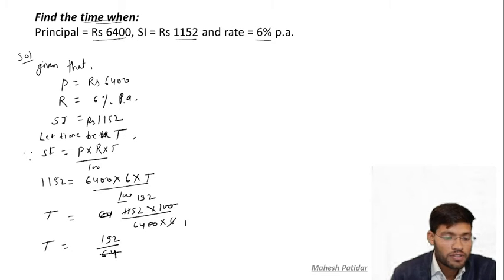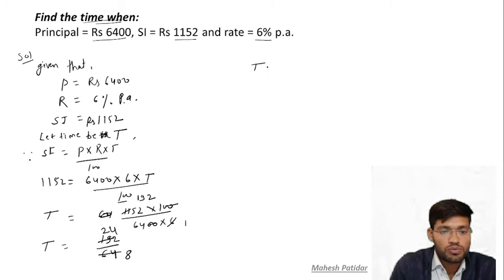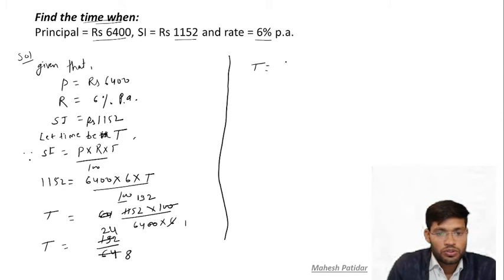So 8 ones are 8, 8 eights are 64, 8 twos are 16 and 8 fours are 32. So T is equal to 24 by 8, which is equal to 3 years.